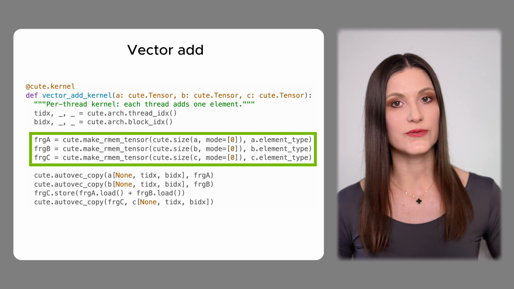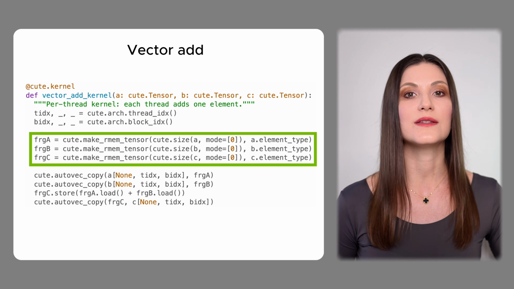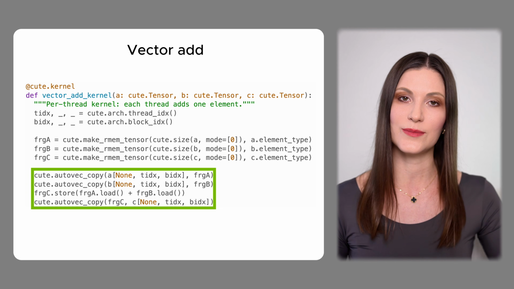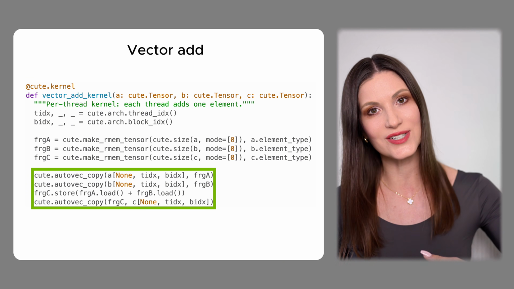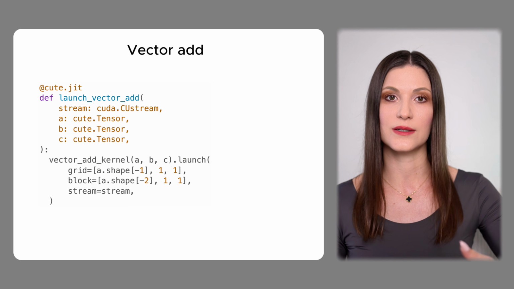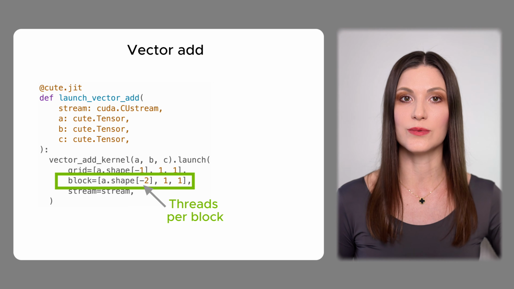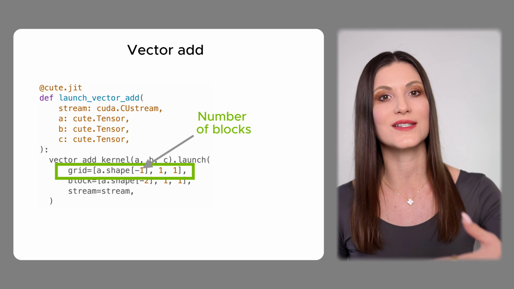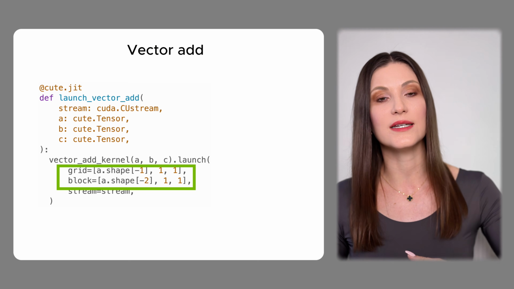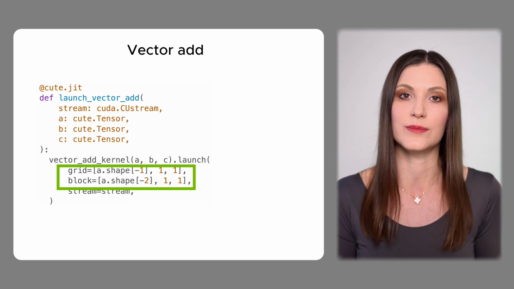We use register fragments to keep the math in registers. And we use CuTe copy helpers to move data between global memory and registers efficiently. Then in the launcher, we pick a number of threads per block and a number of blocks in the grid, so the mapping between threads and data is clean and predictable.